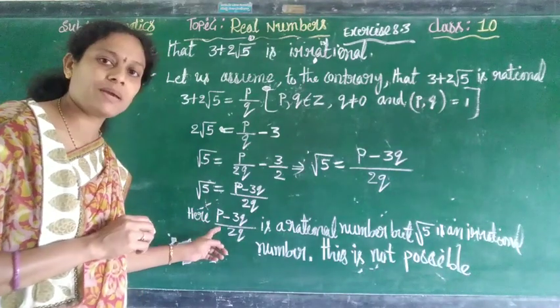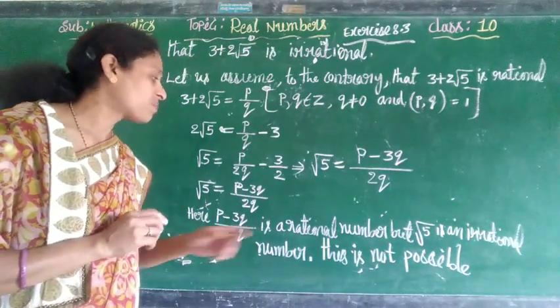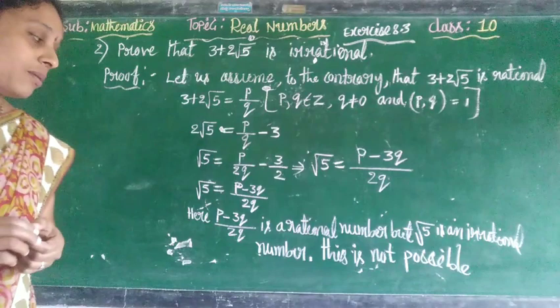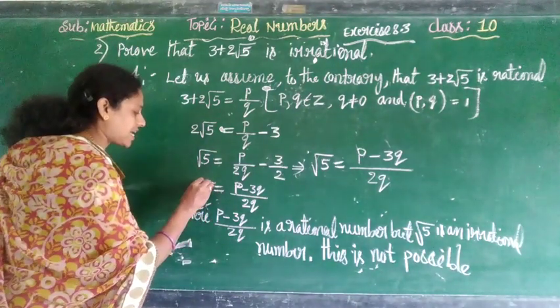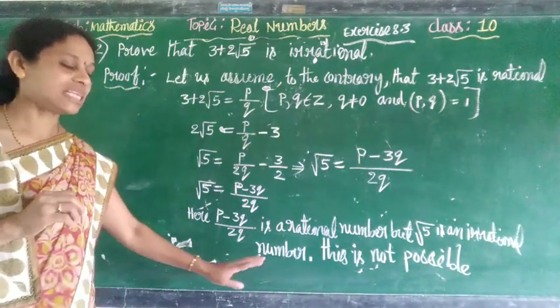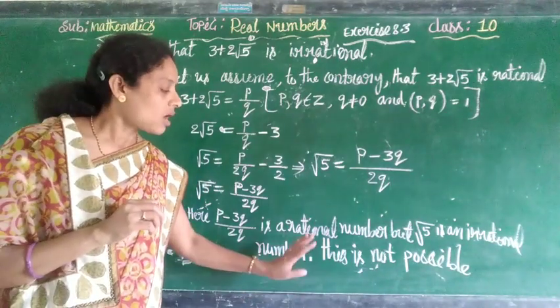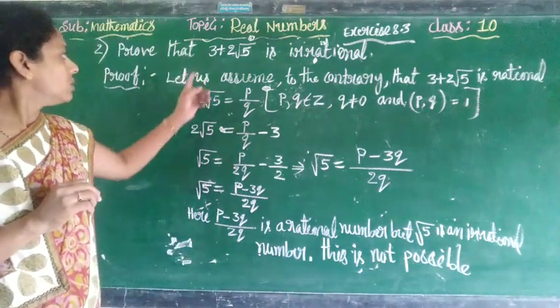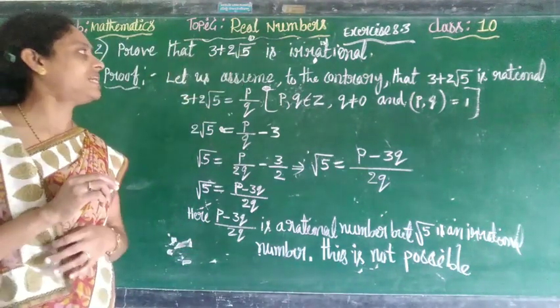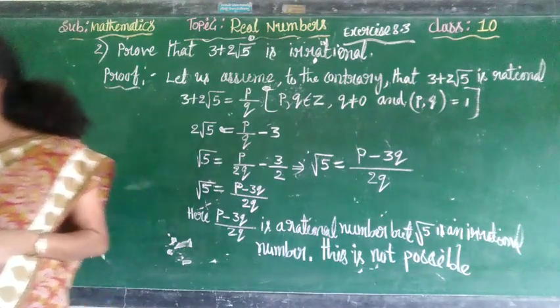So here p minus 3q by 2q is a rational number, but root 5 is an irrational number. So this is not possible. Our assumption is wrong.